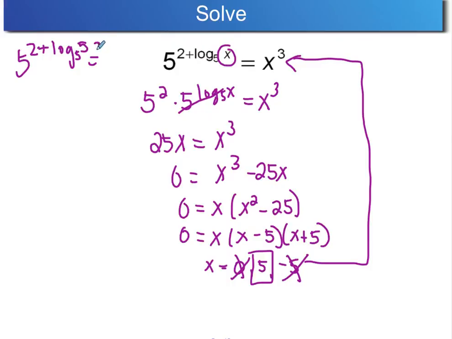And the question is, is that equal to 5 cubed? Well, let's see. 2 plus log base 5 of 5. Log base 5 of 5 is 1. And sure enough, it works. So there is one solution to this equation. Remember, you always have to check for extraneous solutions.